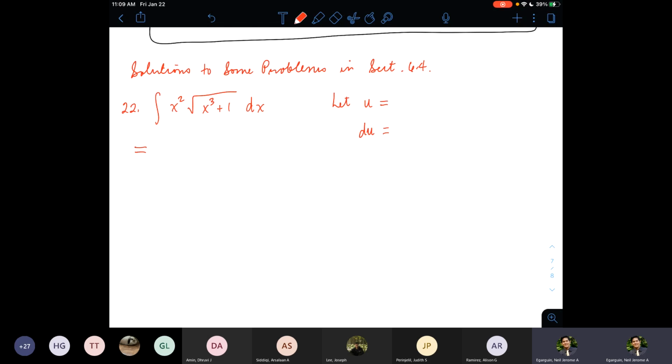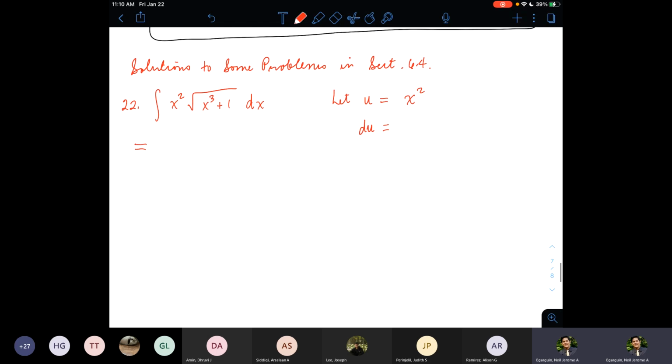We can, let's say, let u be equal to x squared, for instance. But how do we know that this is the right substitution? Well, take the derivative or take the differential. If u is x squared, then du would be 2x dx. The problem here is that it is required to have a 2x dx to get the appropriate differential in the next step. But unfortunately, if you look at the integrand, there is no 2x readily available.